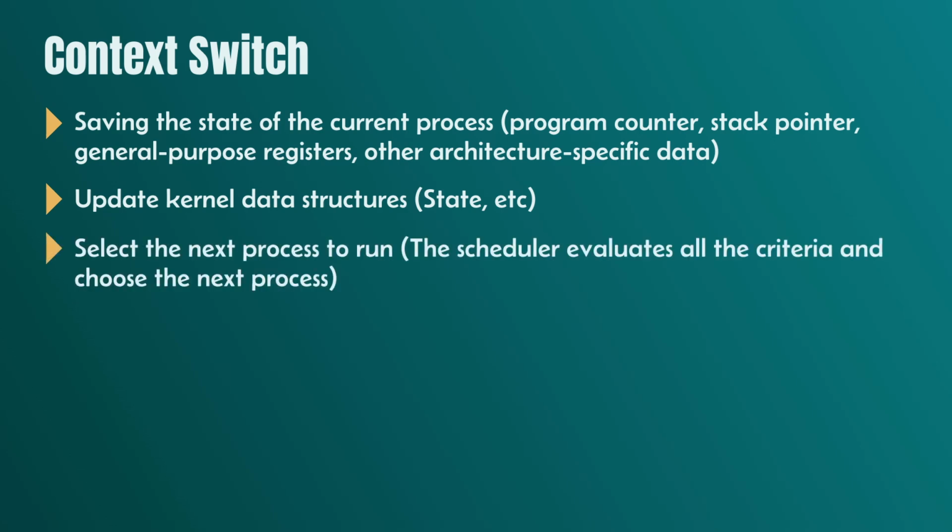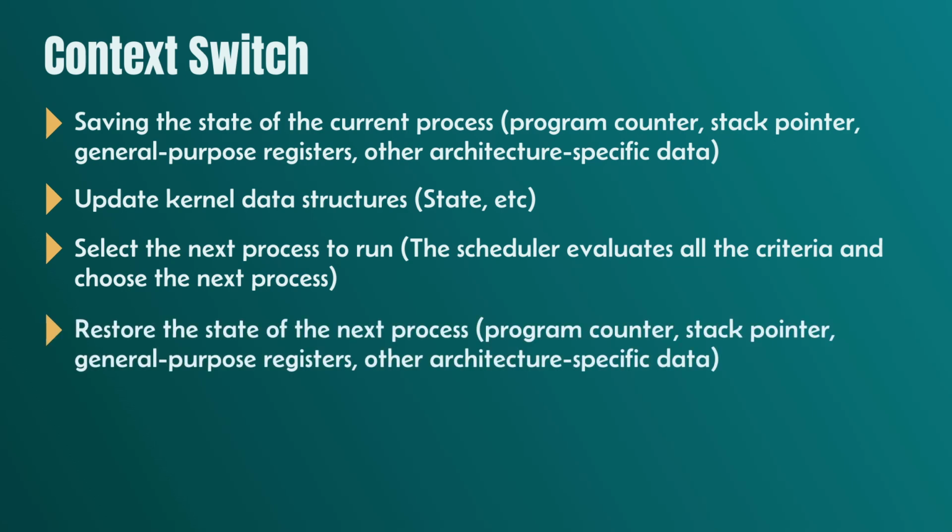After that, the scheduler evaluates all the criteria and chooses the next process to execute. Next, the operating system restores the state of the next process, including the program counter, a stack pointer, general purpose registers, and other architecture-specific data. And finally, it resumes the execution of the next process.